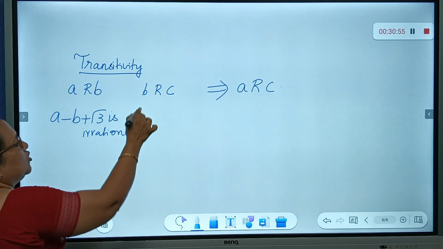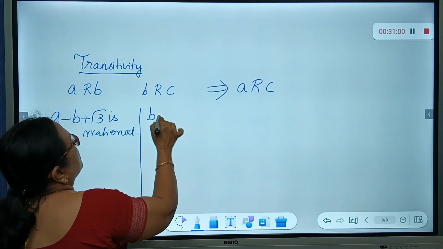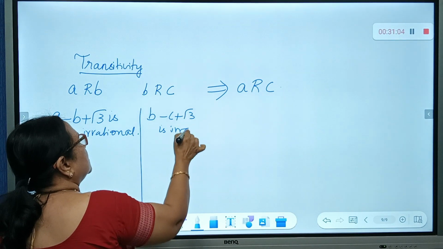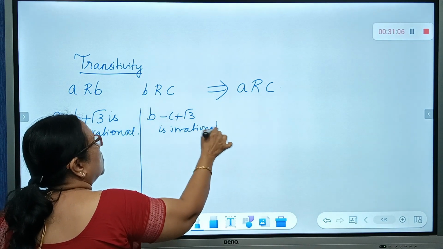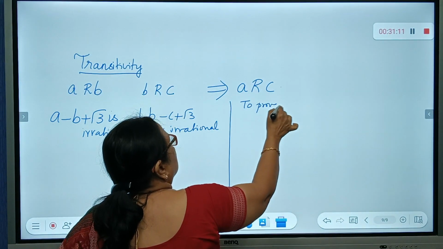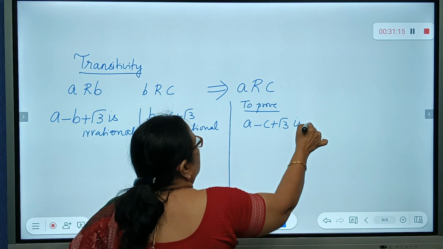B is related to C implies B minus C plus root 3 is irrational. What is it you need to prove? A minus C plus root 3 is irrational.